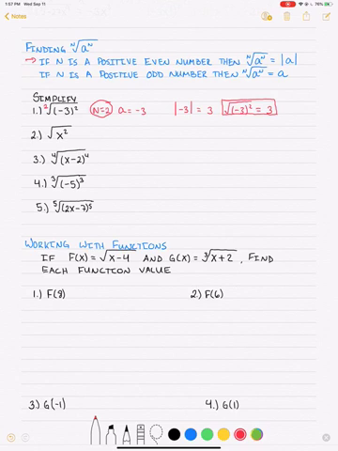For the second example, I have the square root of x squared. Again, with a square root, there's always a little 2 right there. Here, n is 2, and a equals x. Again, n is a positive even number, so we're referencing this first line that says if n is a positive even number, then the nth root of a to the power of n equals the absolute value of a.